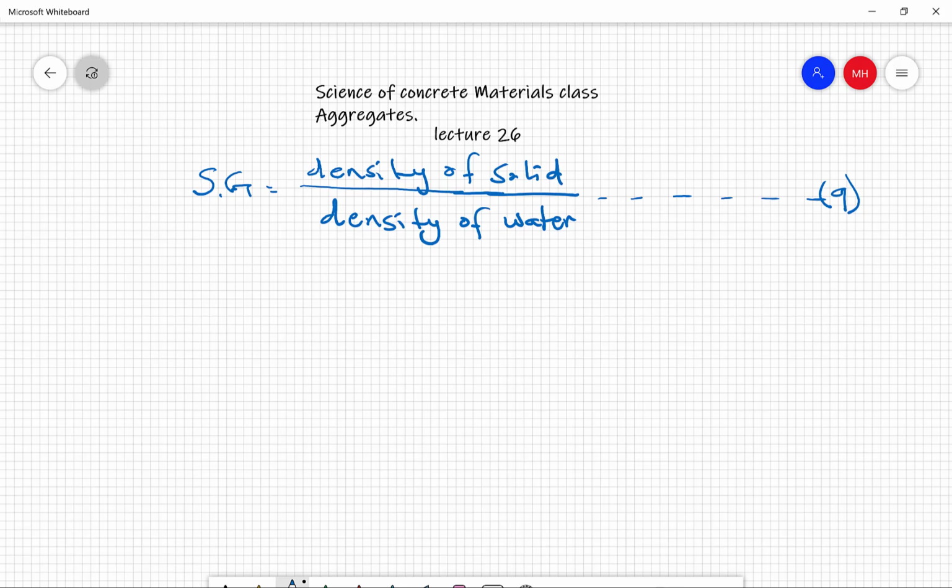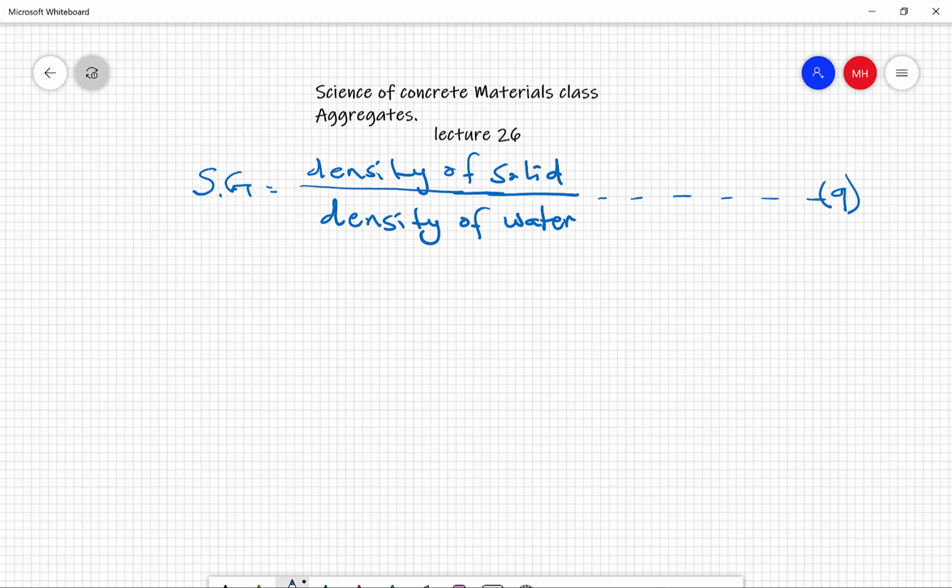So it is also necessary to distinguish between pores that connect to the surface of the aggregate particles, which are the permeable pores, and the pores that are sealed within the particles, which are the impermeable pores. For the purpose of this discussion, the impermeable pores will be considered as part of the solid, so we will not consider them separately.